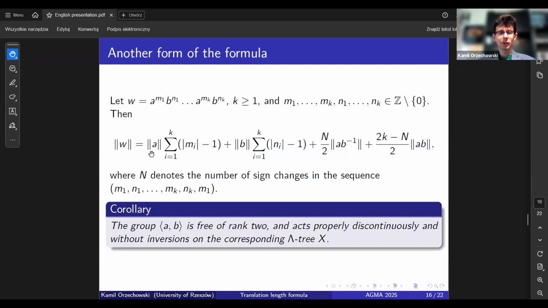At least one element does not vanish, and it is greater or equal than the minimum of pseudo-lengths of AB, AB inverse, which is positive in lambda because of the ping-pong assumption.